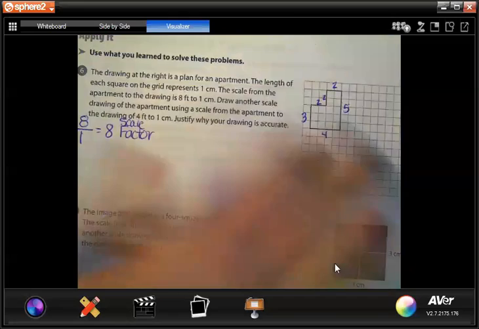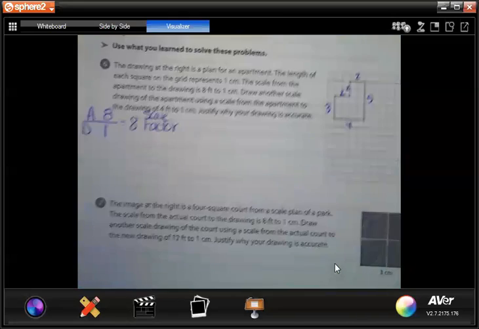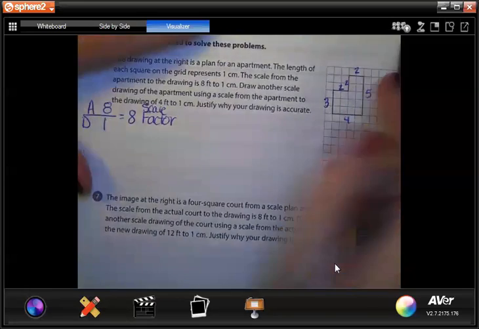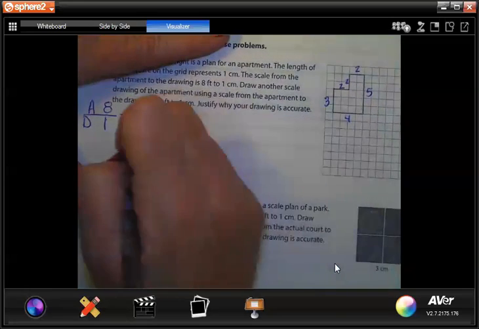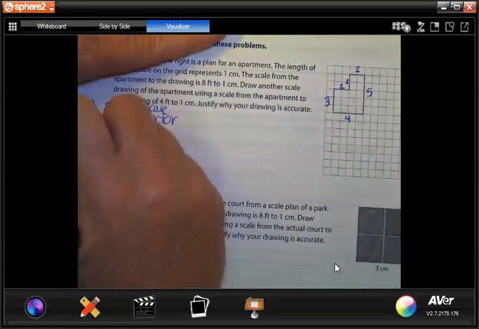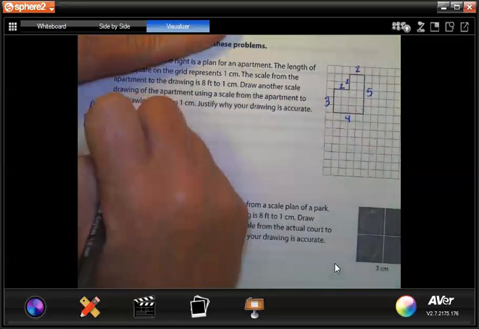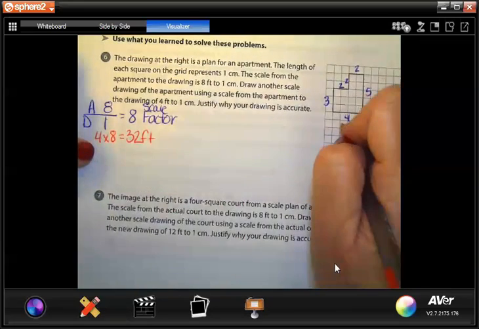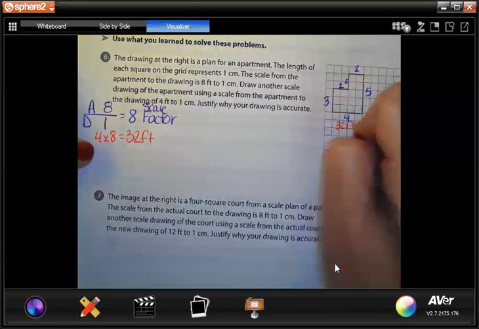Okay, so those are all my dimensions. If I wanted to know the actual dimensions, I'm going to take each side length and multiply it by the scale factor. So 4 times 8 is 32. So this side right here would actually be 32 feet in real life.